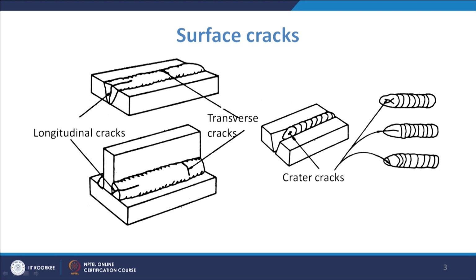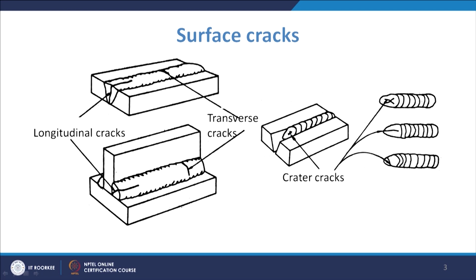Crater cracks normally occur when the welding is interrupted. Because the welding is interrupted, there is a tendency for the crack to form in the crater. Normally they are star shaped, which we had also seen in our earlier lectures.